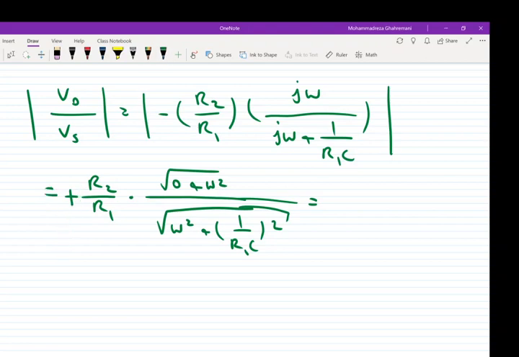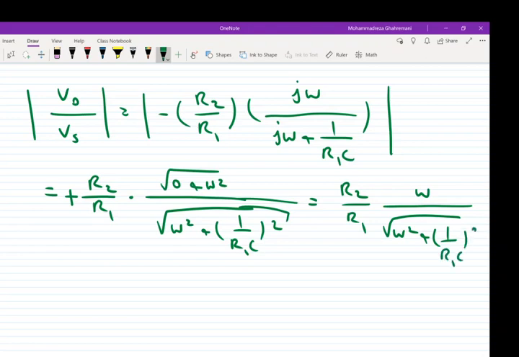We talk about the amplitude regardless of the sign. So it's equal to R2 over R1 times omega over square root of omega squared plus (1 over R1C) squared.